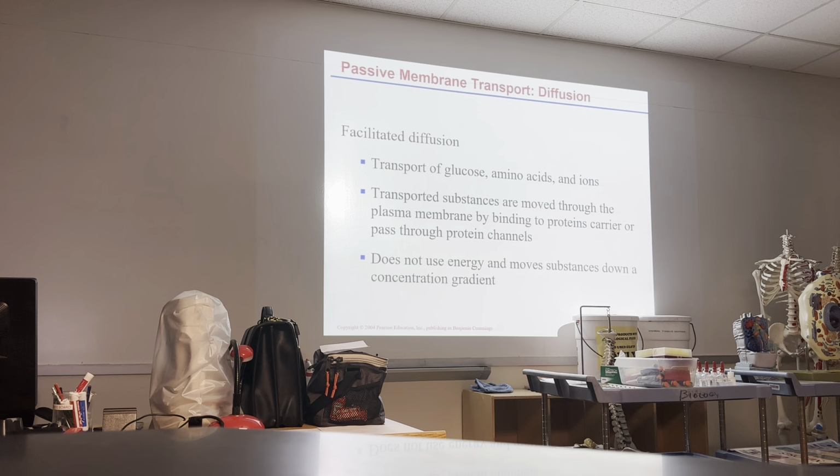So now you got two different types of classification of passive transport. What is the first one? Simple. And the second one is? Facilitated. What is the difference between the two? They both use the concentration gradient. Facilitated binds to a protein or goes through a channel.